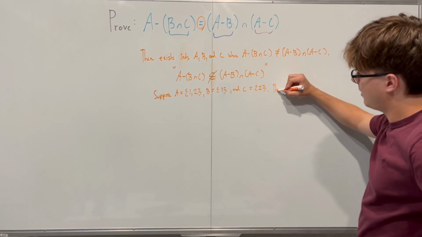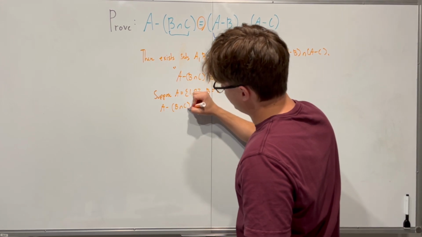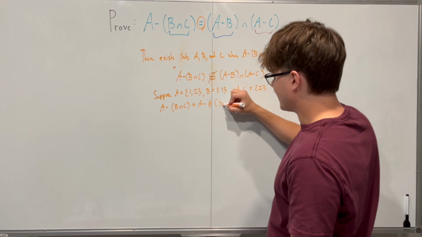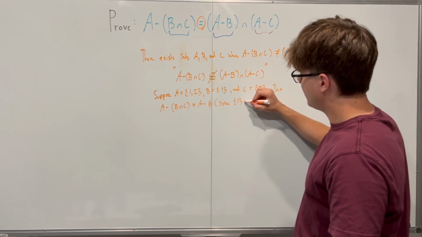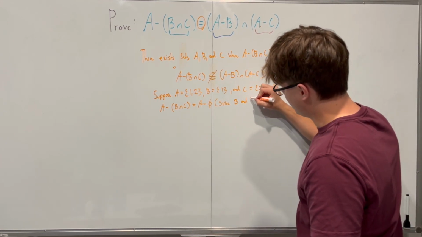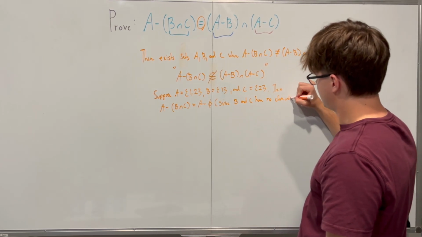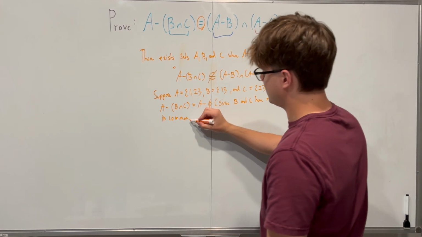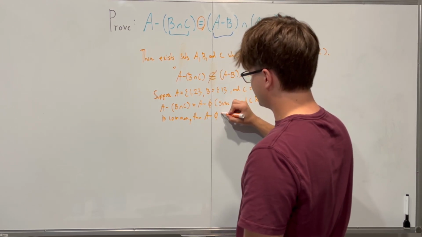We can then say A minus (B intersect with C) is going to equal A minus the empty set, and we can put in brackets, since B and C have no elements in common. Fantastic. And we could say then A minus the empty set is equal to A.